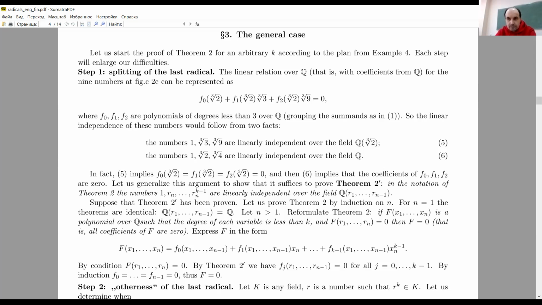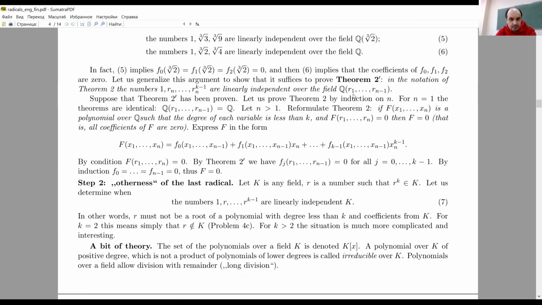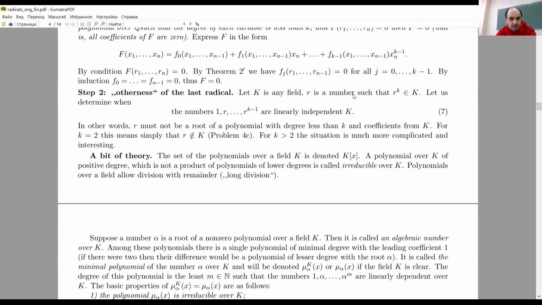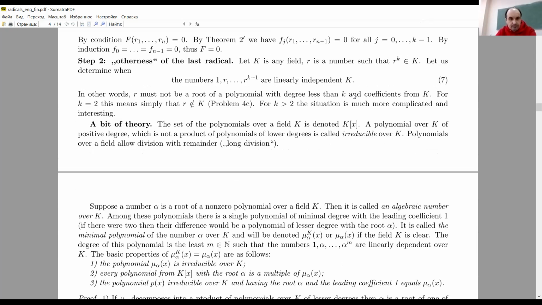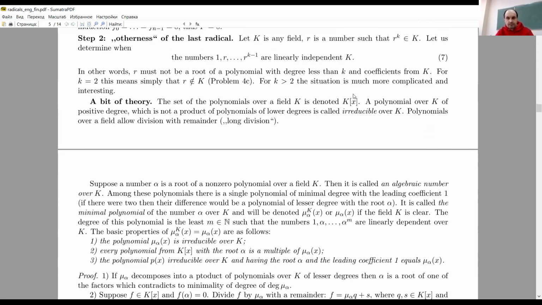Okay, how to prove theorem 2 prime? The next step is to show the following. Let's figure out when powers of some radical are linearly independent over some field.